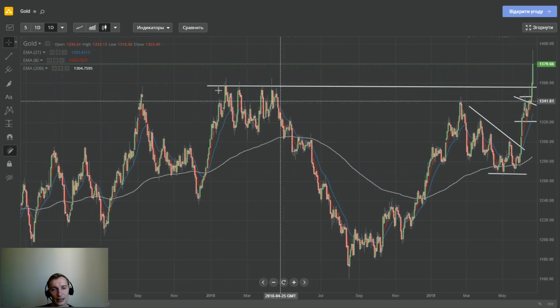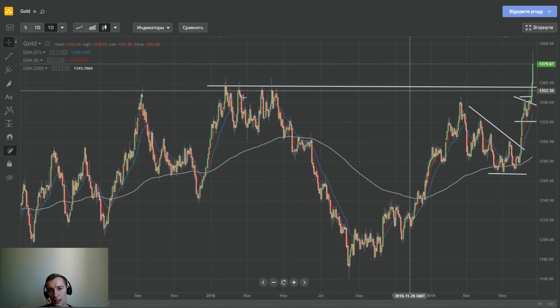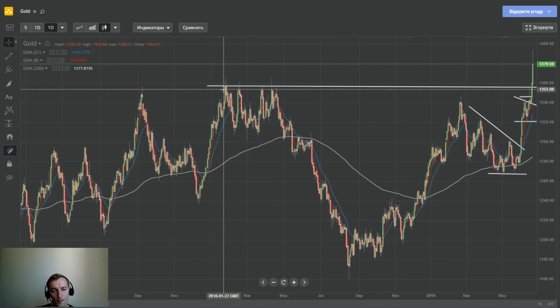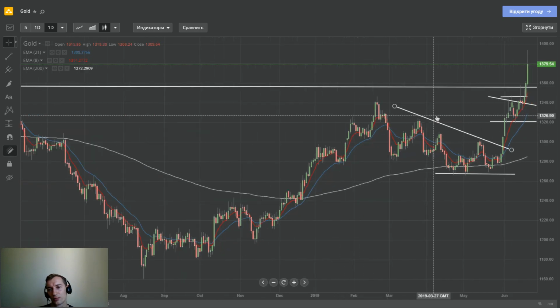Please check, this resistance level is pretty strong. 1360 is from the beginning of 2018, and we actually broke up.